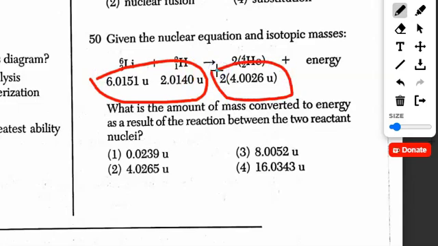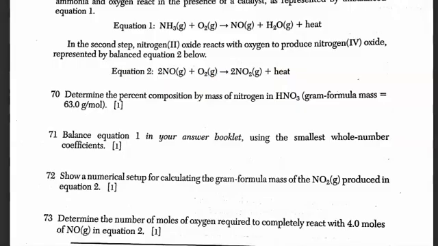The reason they're not equal by a very small amount is that mass is converted into energy. So that's all you're doing. Add up the two numbers on the left, subtract that from 2 times the 4.0026 on the right, and your answer is choice 1.